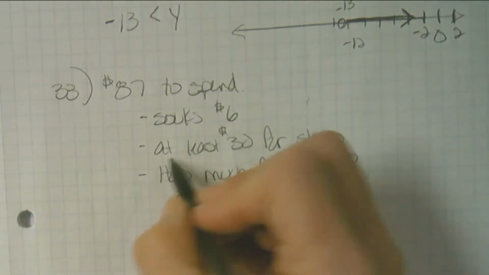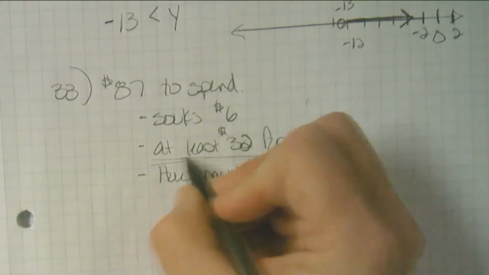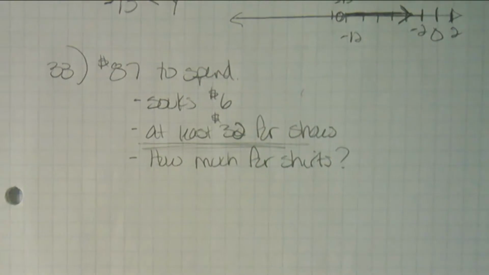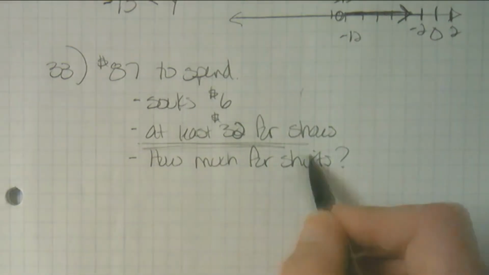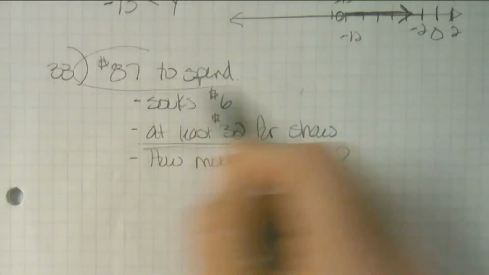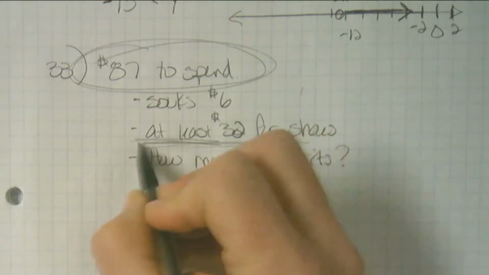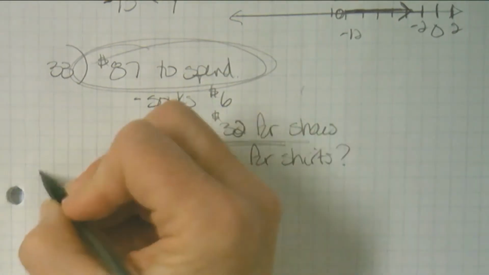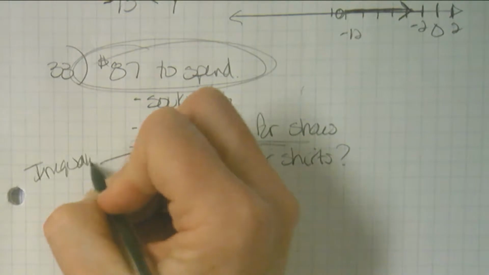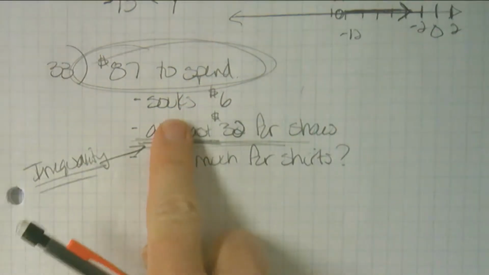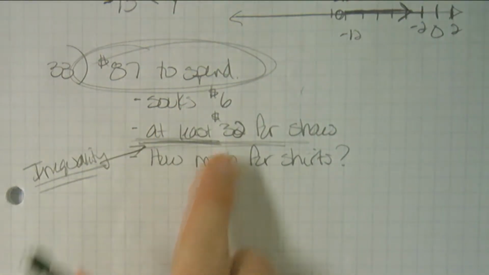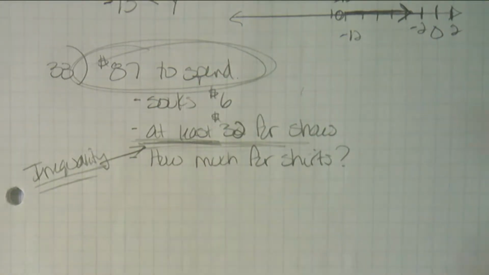Now, what throws people off is that it has the at least part on the $32, on the amount for shoes. That's not our whole. This is still the max that can be spent. How many of you see that? The fact that it said at least $32 means that this is an inequality. If it said there's $6 on socks, $32 on shoes, how much for shirts, that would be an equation.